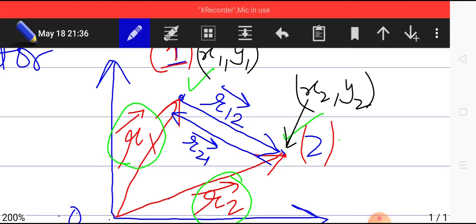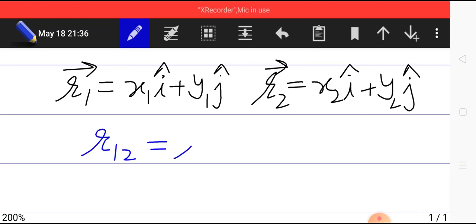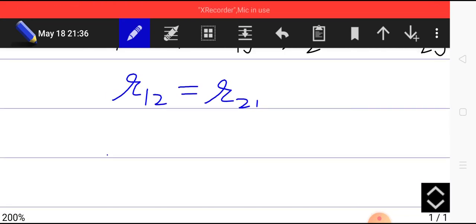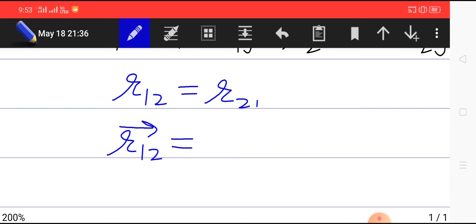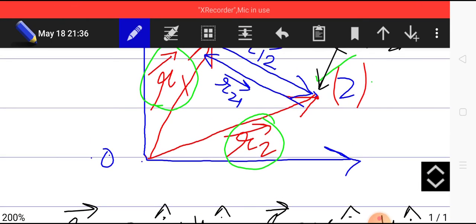So they both have the same magnitude. As you can see, r12 has the same magnitude as r21, but as their directions are opposite, they are also negative vectors of each other. So r12 is equal to minus r21. Now what about the component form of these vectors? It is very easy to write. If you apply the triangle law, we are going to discuss it later, but first you can remember it.